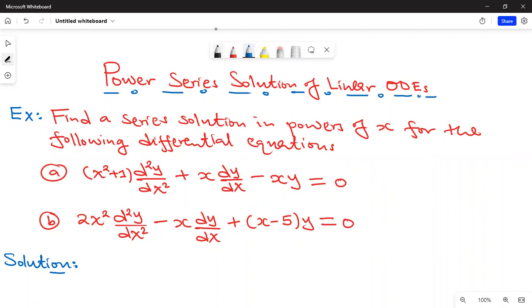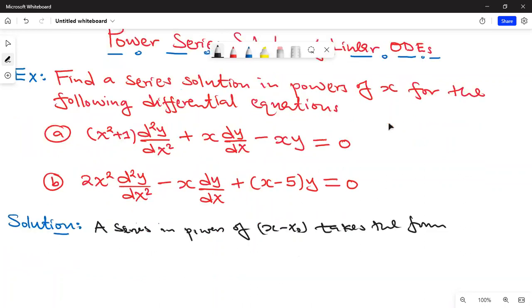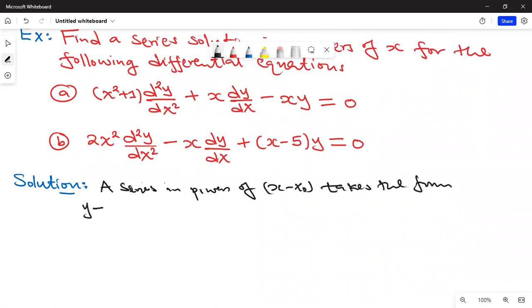I want us to take note that a series in powers of x minus x naught takes the form y equals a naught plus a1 (x minus x naught) plus a2 (x minus x naught) squared plus a3 (x minus x naught) cubed plus so many other terms.